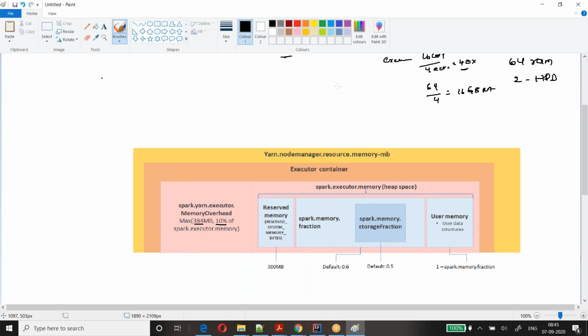Suppose while you are setting one of the parameters, spark.executor.memory, while submitting a Spark job, we'll give this one. Let me take this one.